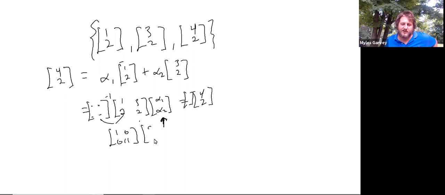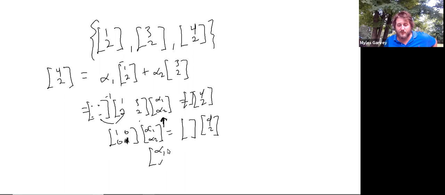And remember the definition of the identity matrix. It's this matrix, and you'll see, that's not 11, that's just 1. You'll see that when I multiply this, I just get alpha 1, alpha 2. Okay, so determining whether or not they're linearly independent comes down to figuring out whether or not there's an inverse for the matrix.